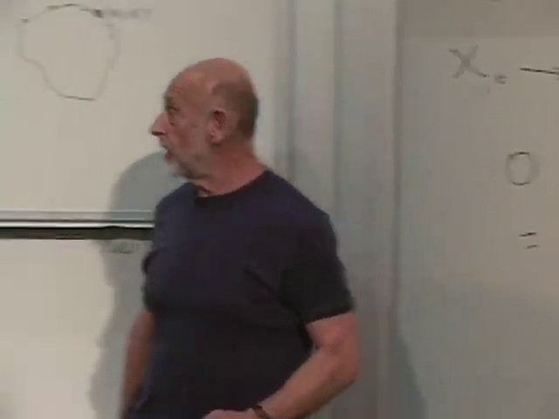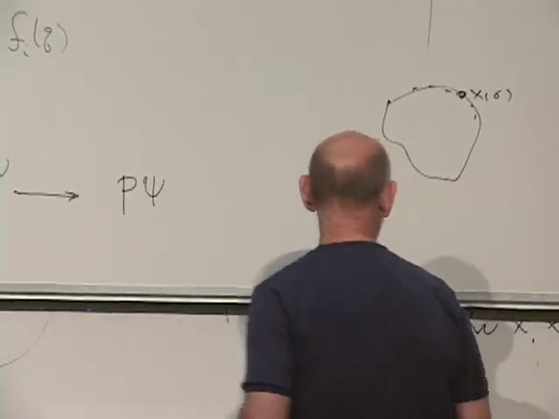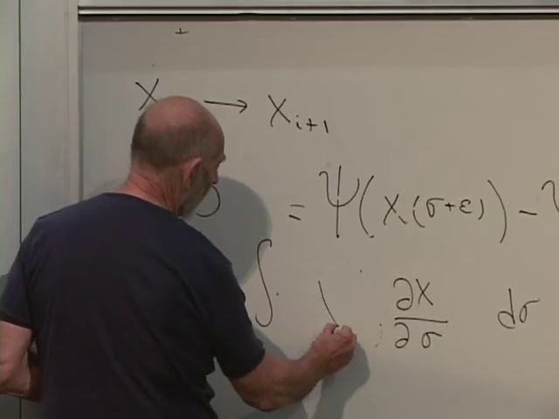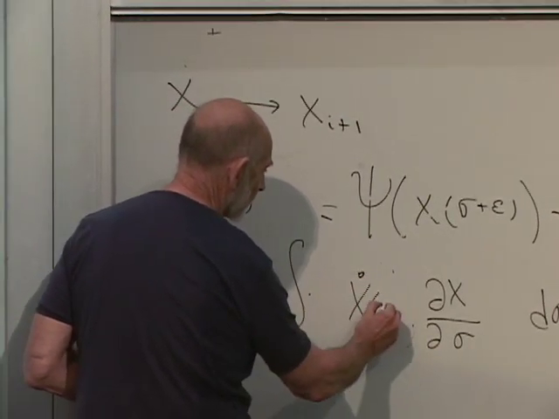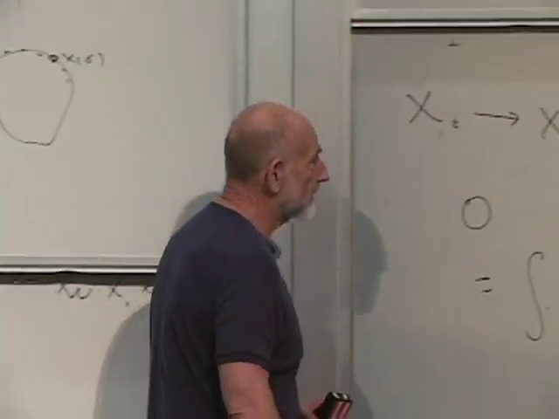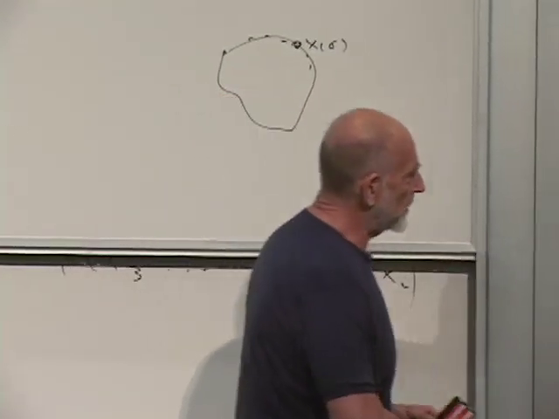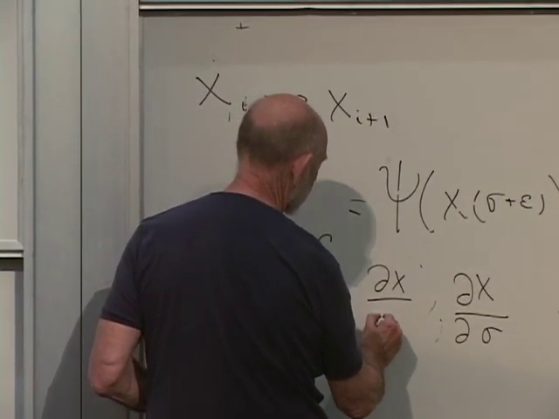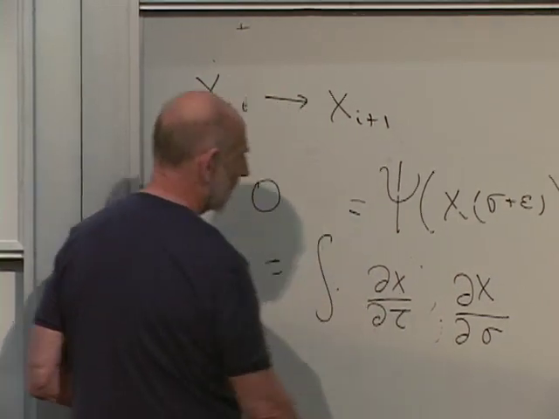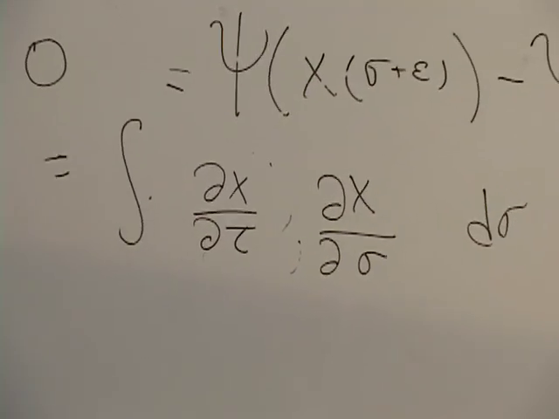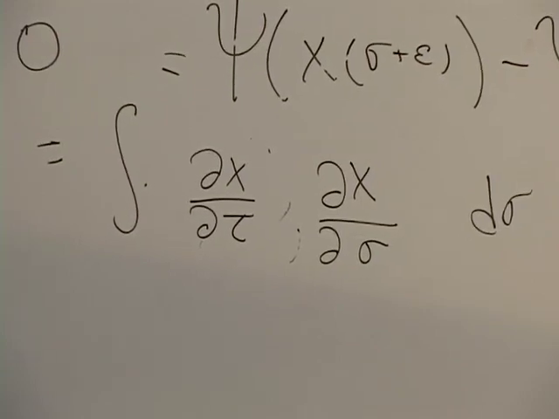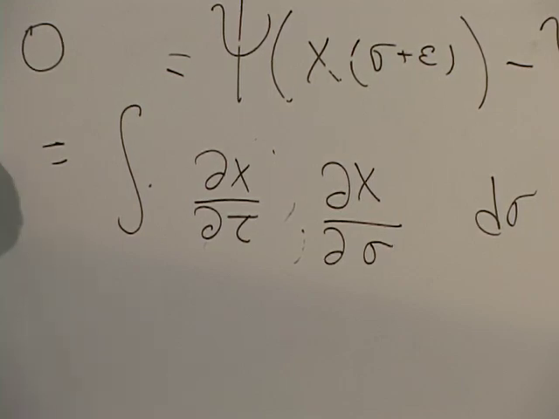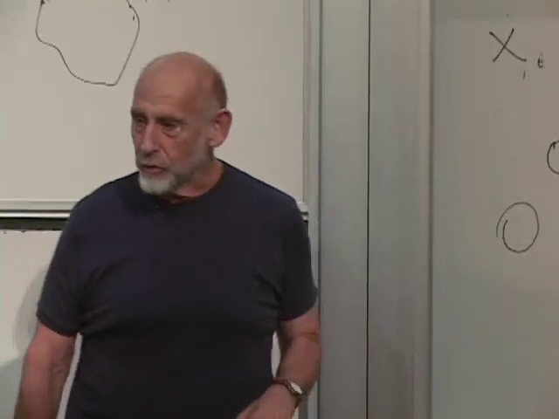But p of sigma is nothing but the velocity, x dot of sigma, or dx d tau. The integral over sigma of dx d tau times dx d sigma should be 0. That's the condition that there's no special point.